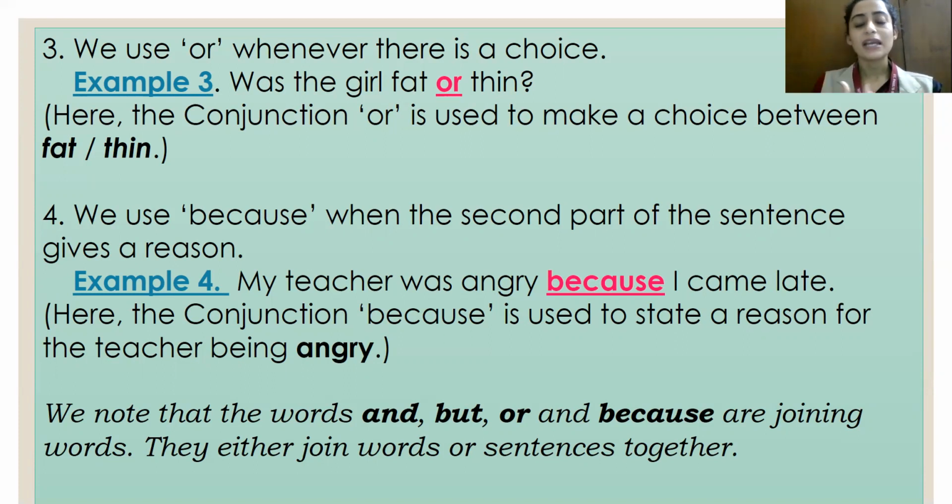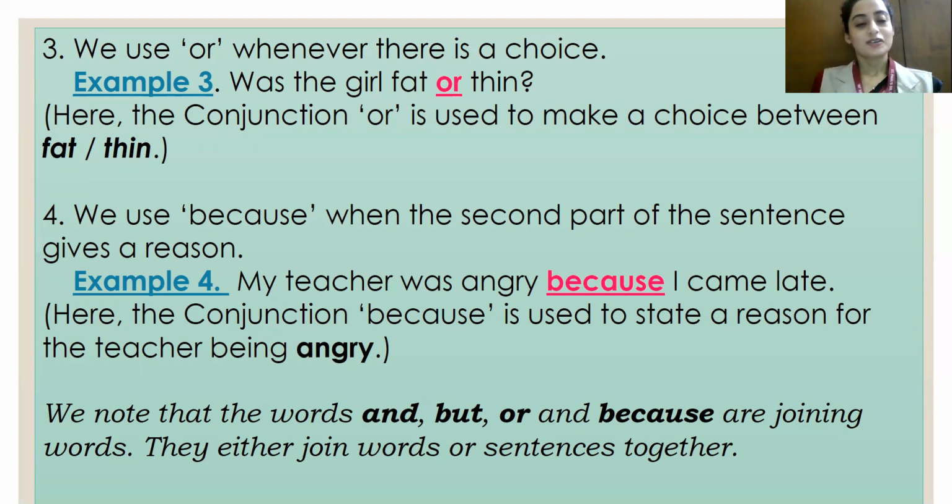For example, my teacher was angry because I came late. What is the reason here? I came late. So wherever you see a reason given, there we use the conjunction because. Why was the teacher angry? She got angry because I came late.